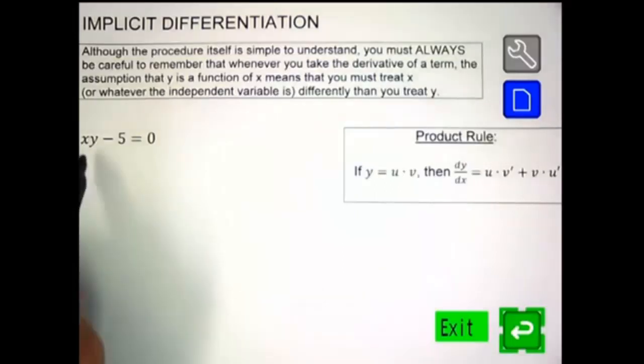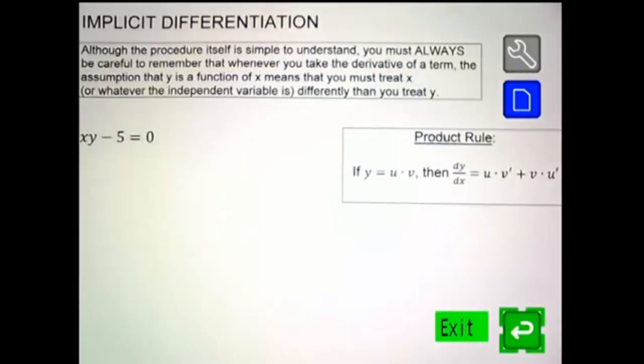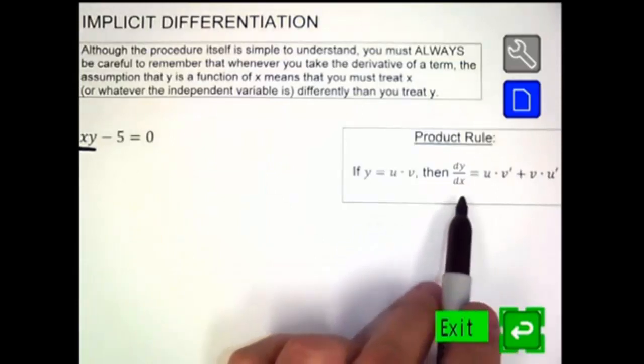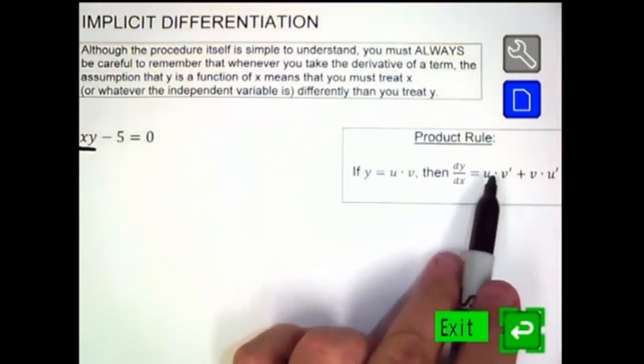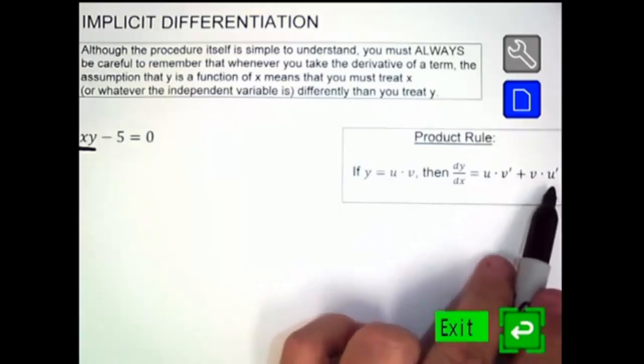x times y minus 5 equals 0. If I want to take the derivative term by term, the first thing I'd notice is that x times y is a product. So that's going to involve me with the product rule. Now the product rule, I wrote it down here just to remind you: you take the first factor times the derivative of the second factor plus the second factor times the derivative of the first.